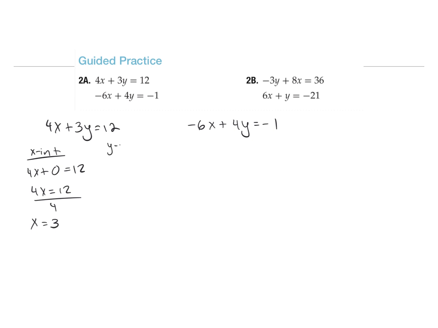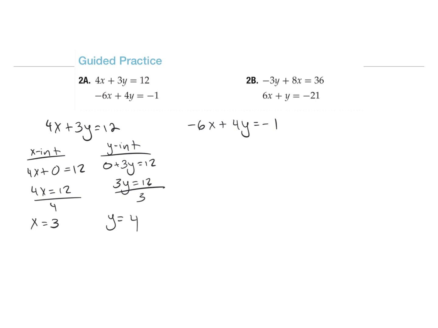And if I'm solving for the y-intercept, I will plug in 0 for x. And then I get 3y is equal to 12. I divide by 3. And we get y is 4.